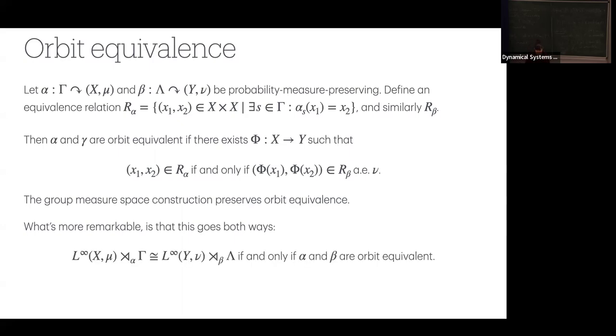So we actually get isomorphism of our von Neumann algebras if and only if these are orbit equivalent. So these von Neumann algebras perfectly capture orbit equivalence of these group actions, which again is really quite nice because this means that you have a lot of algebraic tools you can use that you maybe don't have access to otherwise.